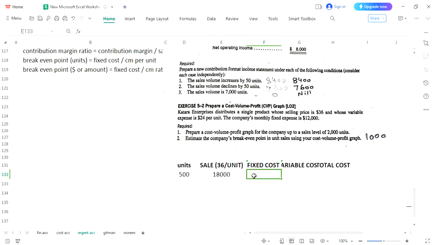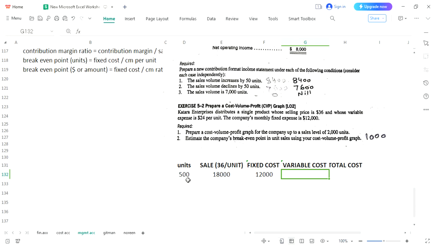Fixed cost. Come to the question and read it here. Fixed expenses are 12,000, which is given. So you will write over here 12,000, and next you will be calculating your variable cost. For that purpose, it is given in the question variable expenses 24. So how will you calculate variable cost for 500 units?